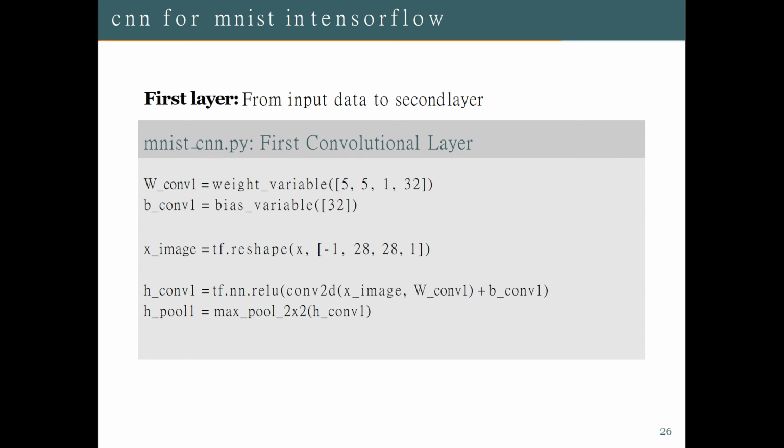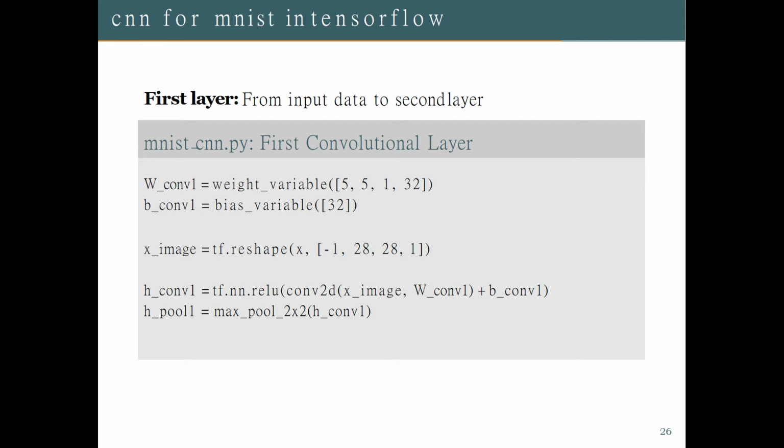Now what is the first layer? From input data to the second layer. The weight of the convolutional neural network will be a weight variable with shape 5, 5, 1, 32, and the bias will be of size 32. So it will convolve the input image from 28 by 28 size to a final 5 by 5 size.